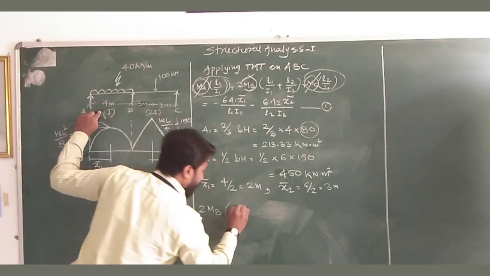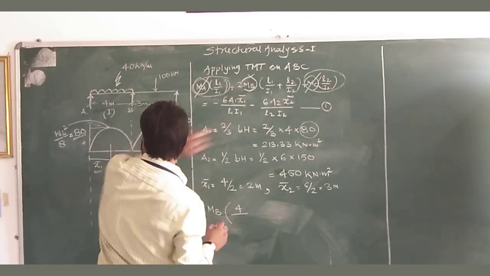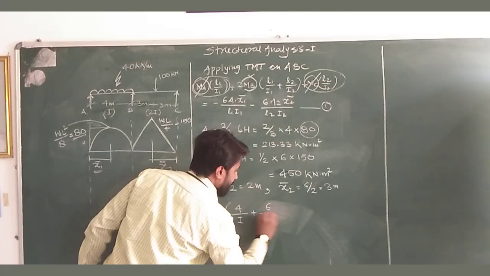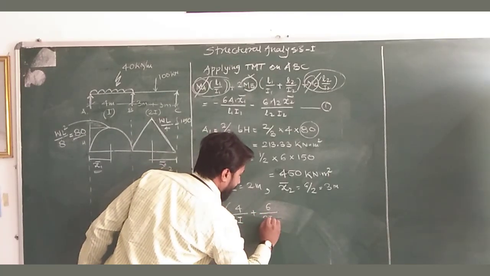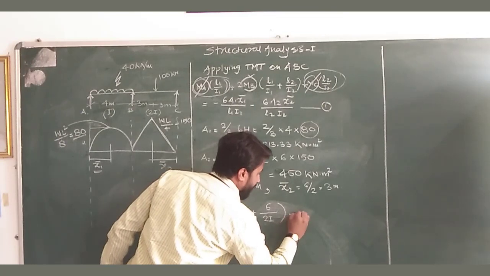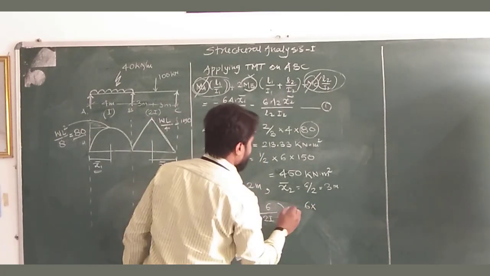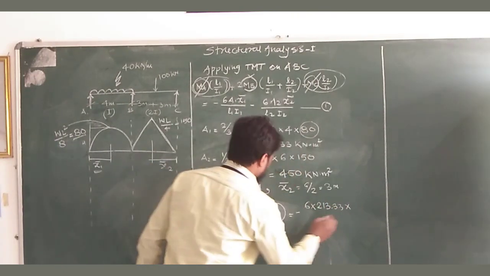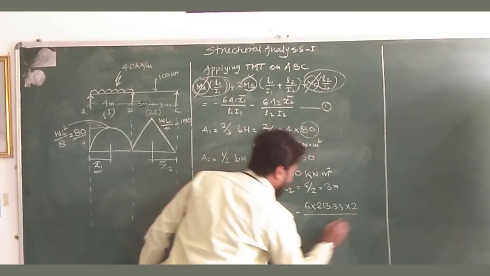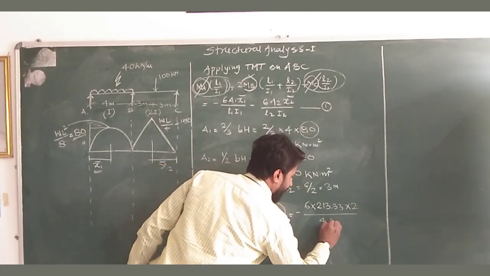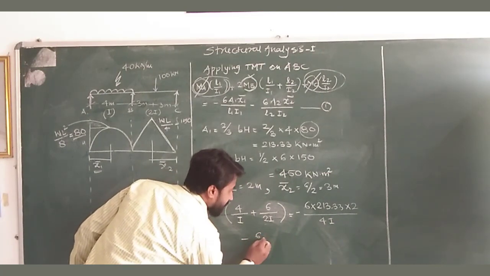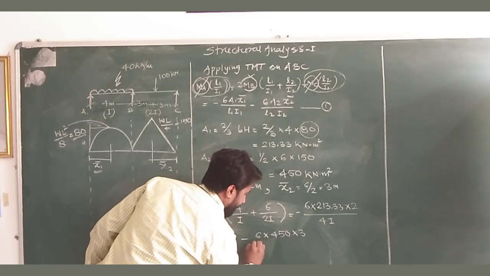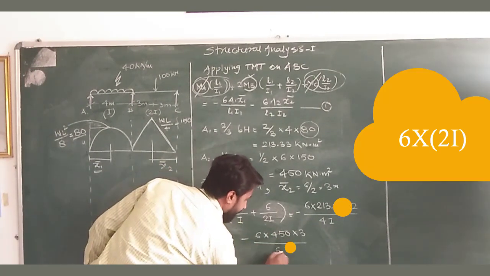L1 we know that is 4 divided by I1, that is I, plus L2 we know is 6 divided by I2, which is 2I, is equal to minus 6 into the value of A1, 213.33, into x1, which is 2, divided by L1 I1, that is 4 into I, minus 6 into 450 into 3 divided by 6I.